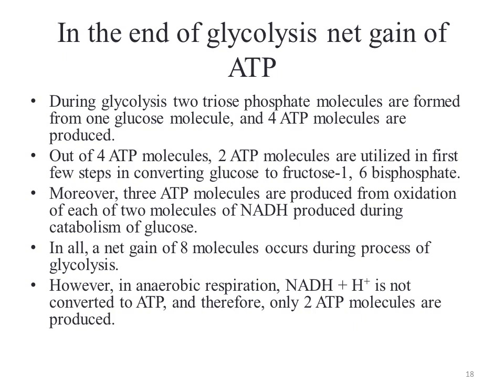Out of 4 ATP molecules, 2 ATP molecules are utilized in the first few steps in converting glucose to fructose 1,6-biphosphate. Moreover, 3 ATP molecules are produced from the oxidation of each of the two molecules of NADH produced during the catabolism of glucose.